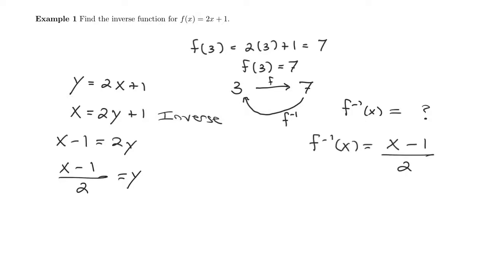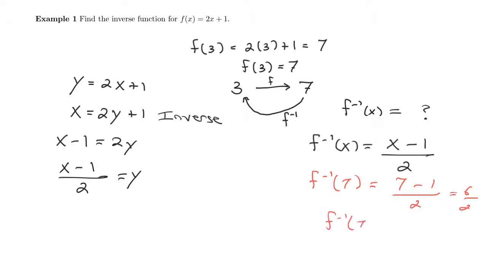So it should be that if I take 7 and I put it into this function, it should give me 3 back. So I'm just going to check to see that this is in fact true. When I put 7 into my inverse, I get 7 minus 1 over 2, which is 6 over 2, and hey, what do you know?